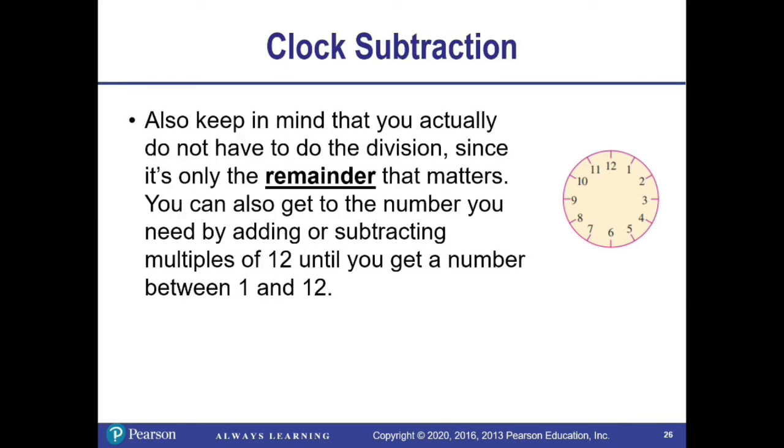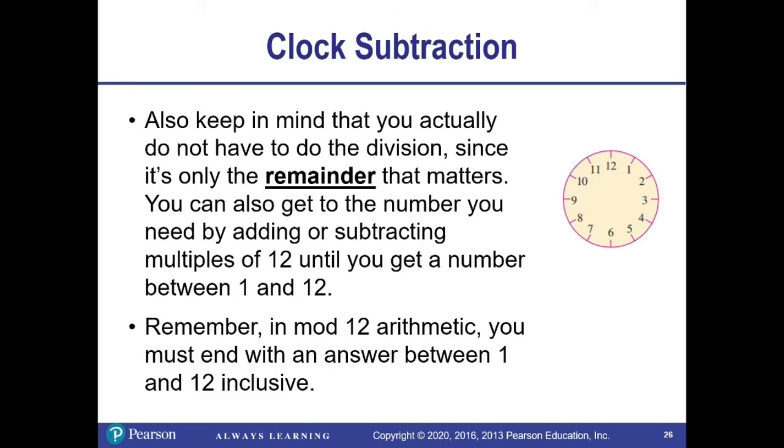Also keep in mind that the remainder is what matters if we have to do the division. What that means is when I add or subtract a multiple of 12, I don't change my problem. And I want to add or subtract multiples of 12 until I get to a number between 1 and 12. Our answer in Mod 12 arithmetic or in clock arithmetic will always be between 1 and 12.